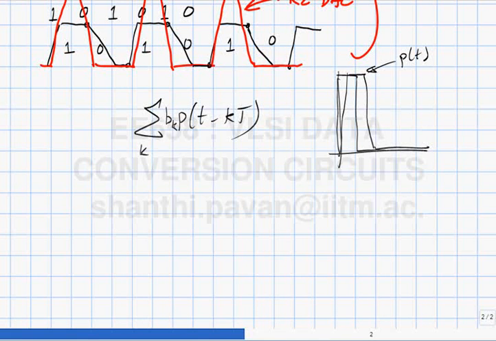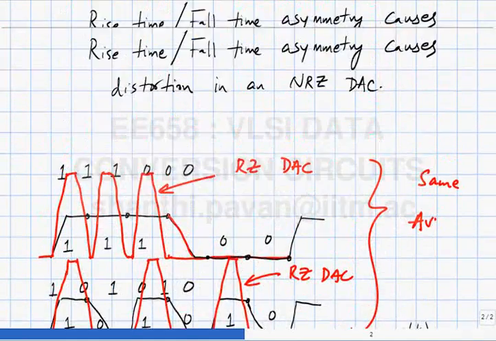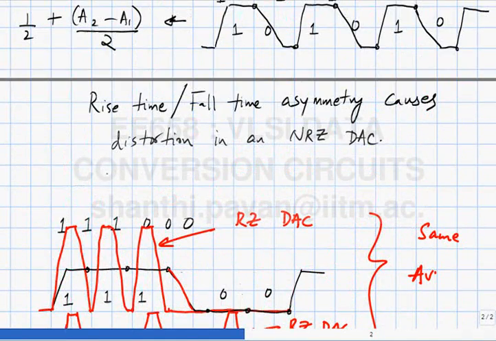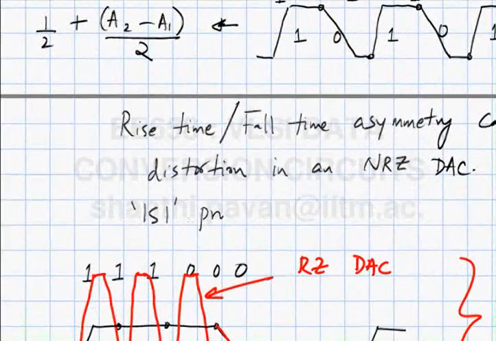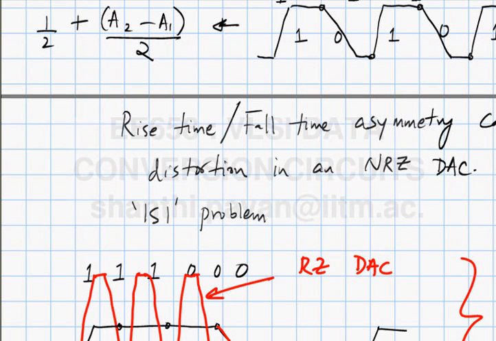You understand? So this problem with rise time, fall time asymmetry is often called the ISI problem in DACs. ISI stands for inter-symbol interference.